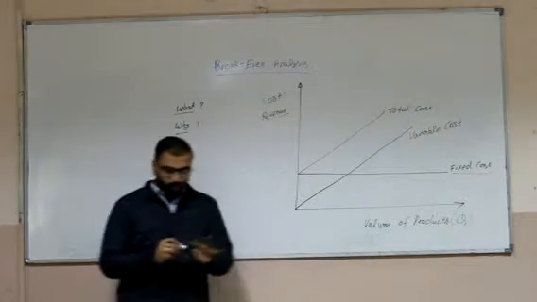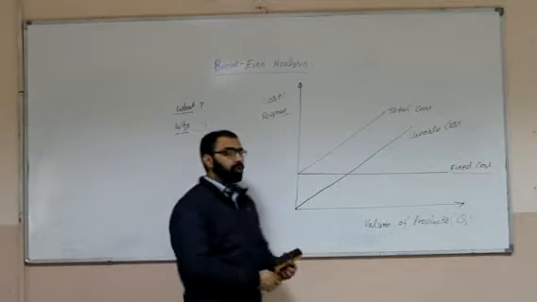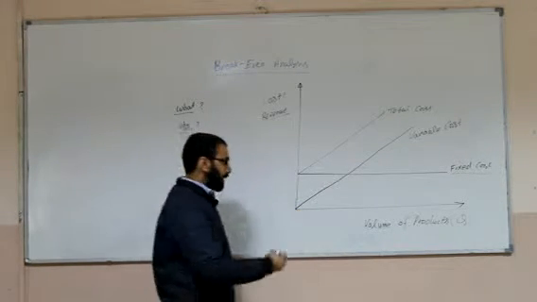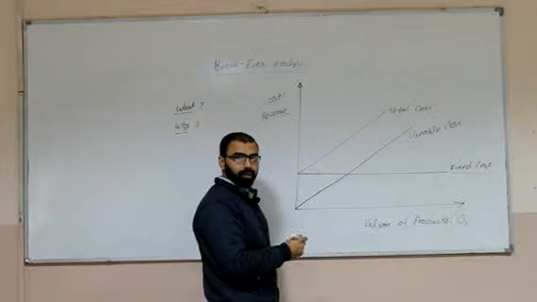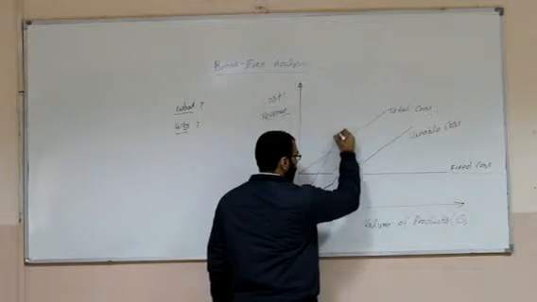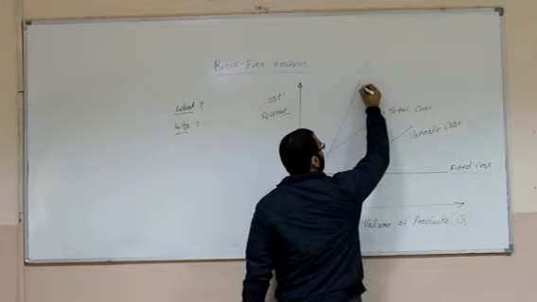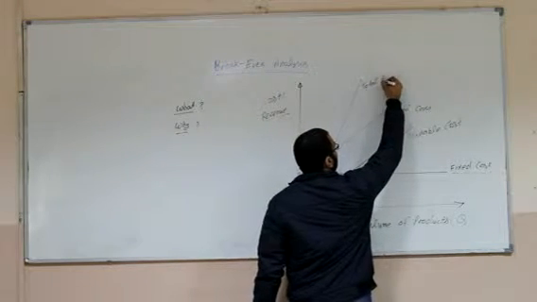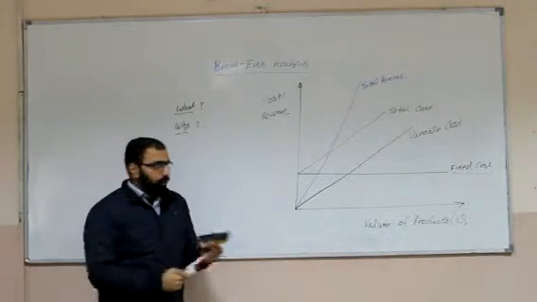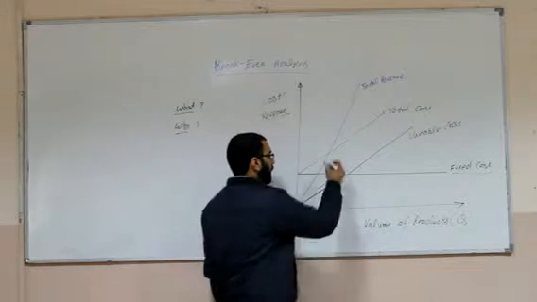Now we will come to revenue generation. At 0 product, no revenue. As I increase the quantity of product sold, my revenue will increase proportionally. So this line represents total revenue. We can see this total cost and total revenue line intersect with each other at a point here.